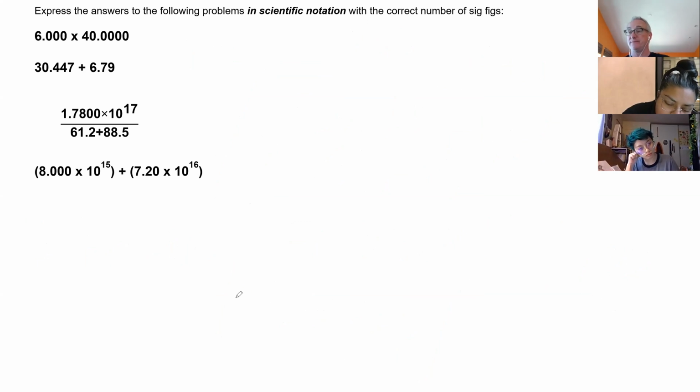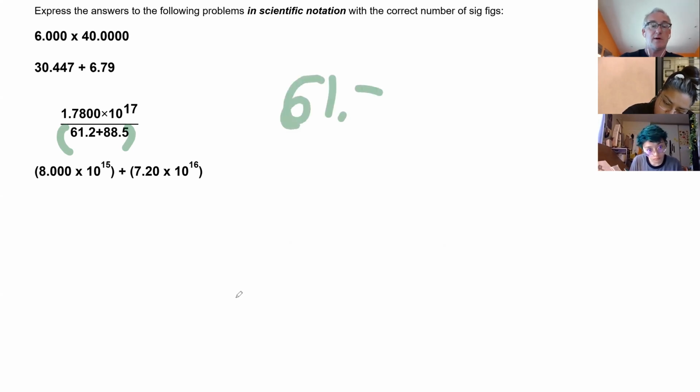We always do addition first and then multiplication and division second. So we do whatever is in brackets first, if there are brackets, or exponents. And then after that, we do addition or subtraction. And then after that, we do multiplication or division. So we might as well put brackets there because it's basically the same thing. So we do the addition part first.